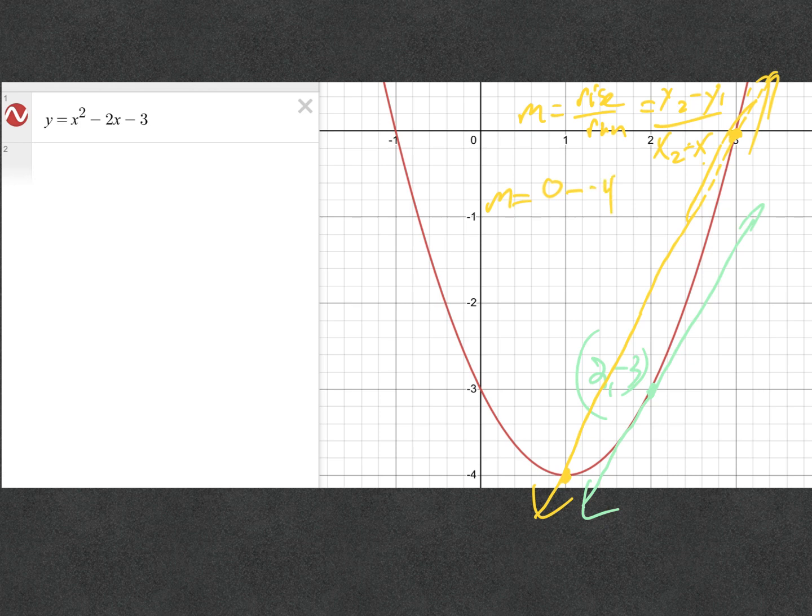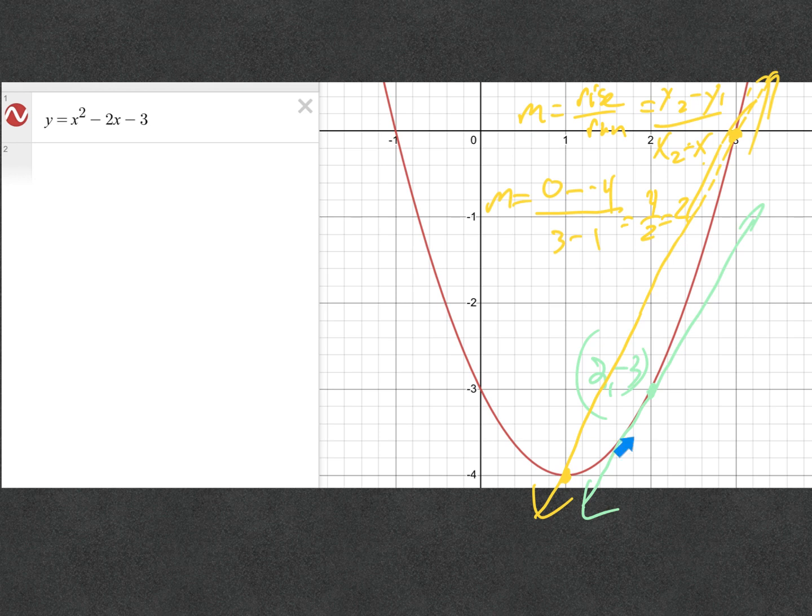And you're wondering, where am I getting that from? Right here, the y coordinate is 0. Here, the y coordinate is negative 4. Divided by x2, which is 3, minus x1, which is 1, which will be then 4 over 2, which is 2. So the slope of that yellow line is 2.